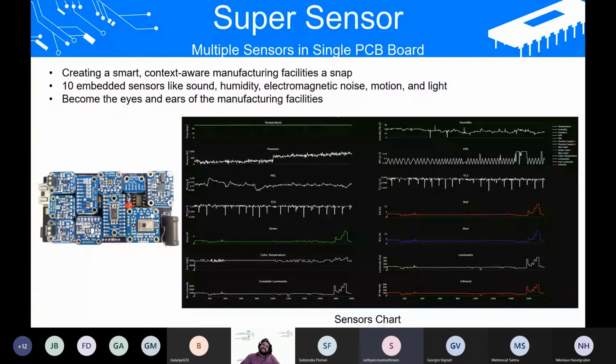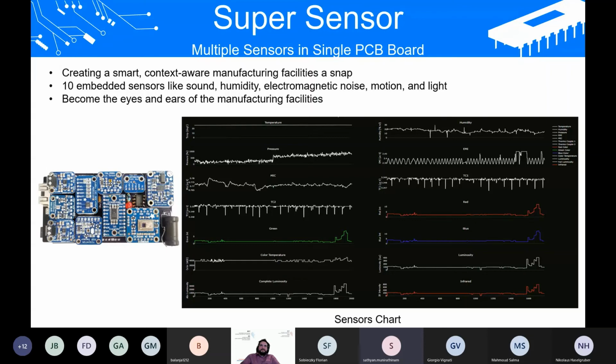The goal is something like human sensors being able to understand the context going on within any space, right? With that same approach, we want to create smart, context-aware manufacturing facilities at a snap. At a given point in time, we should be able to tell that all components are working well, or whether you see any problem going on.